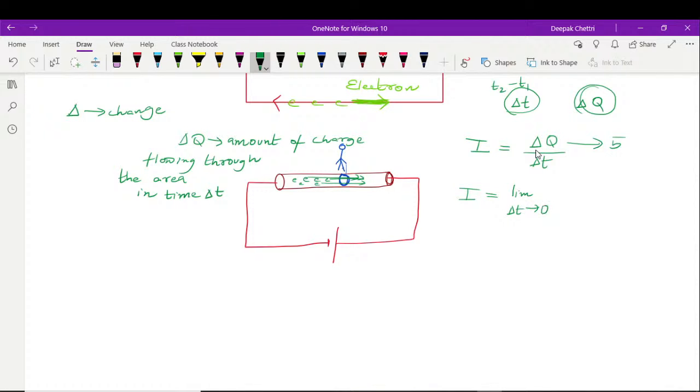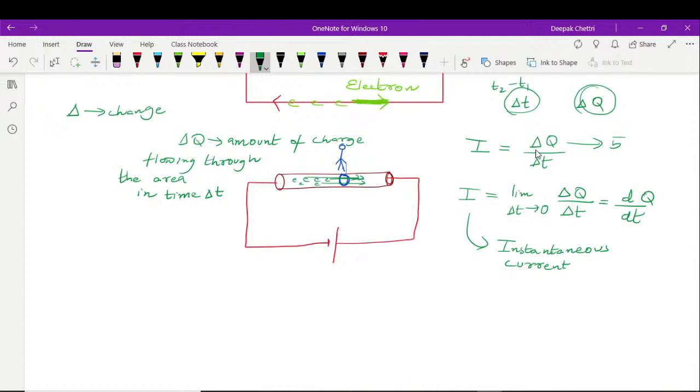You make delta t very small, that means you make it almost 0. If you do that, this expression becomes dq/dt, and this is called your instantaneous current. Is it clear?